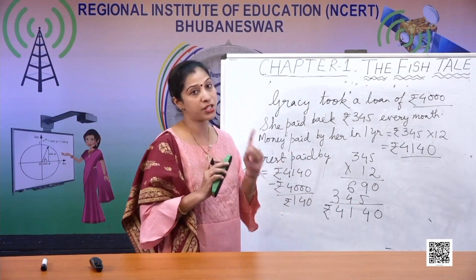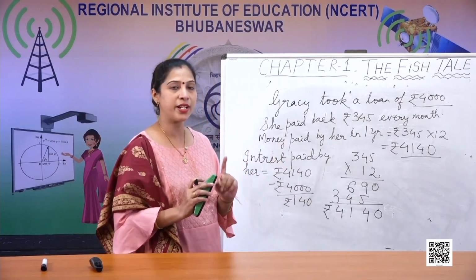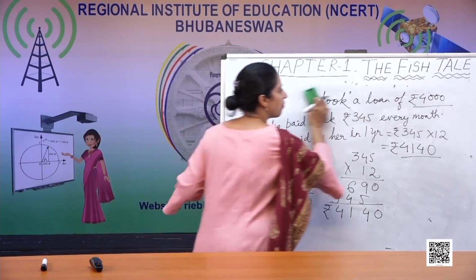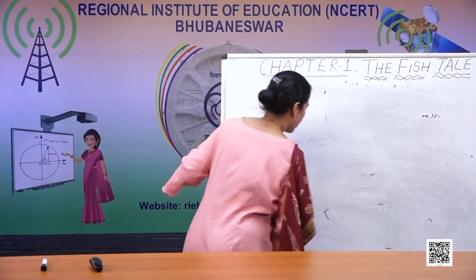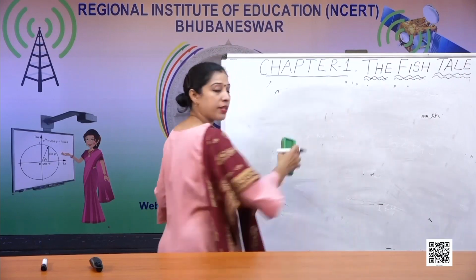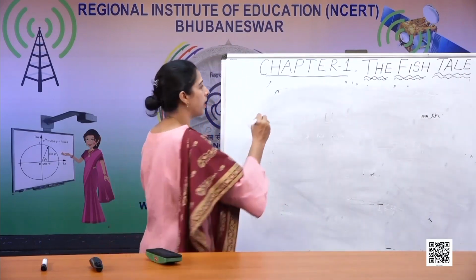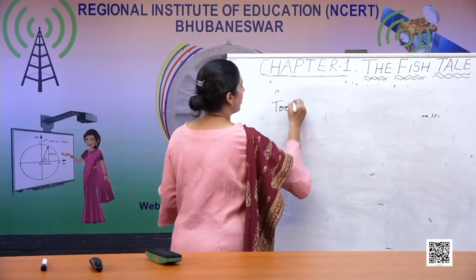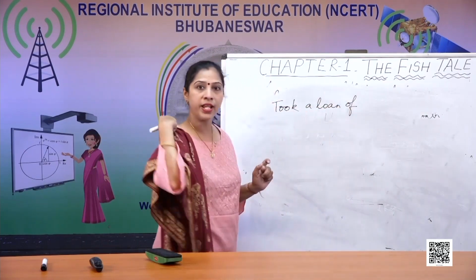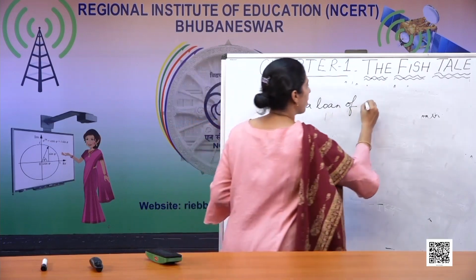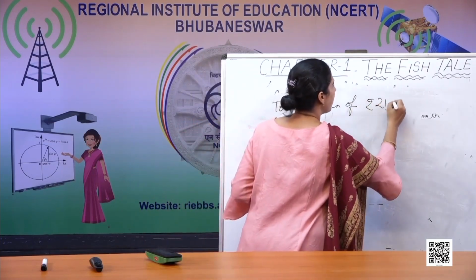Here we know how much was given back, and we have to find out how much they gave in 1 month. So let's see. Jhansi and her sister took a loan of rupees 21,000.